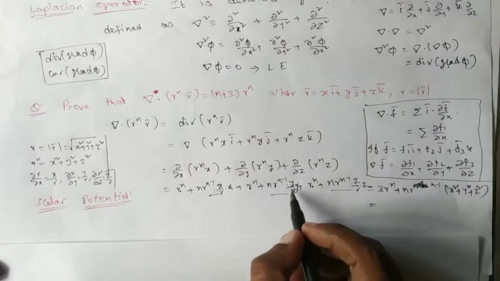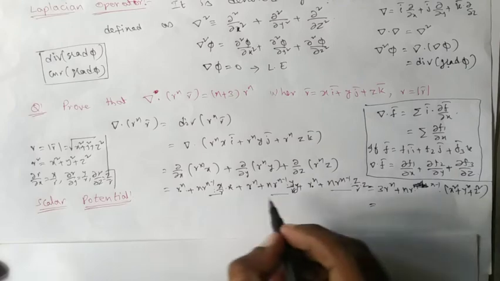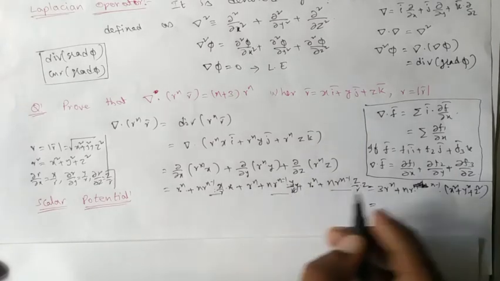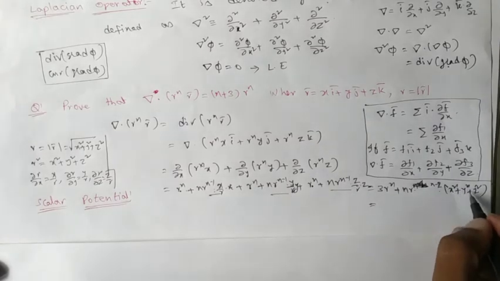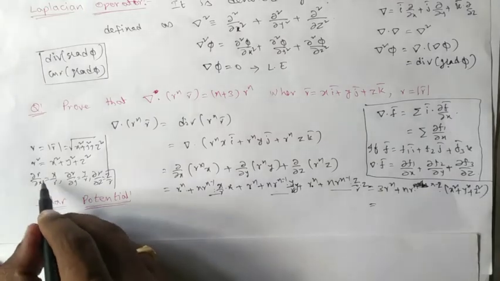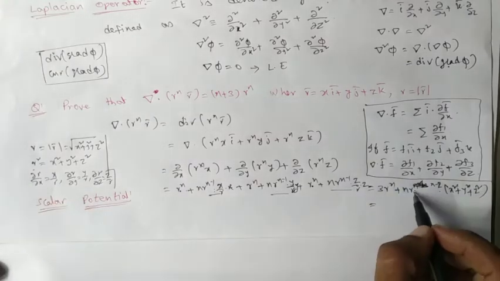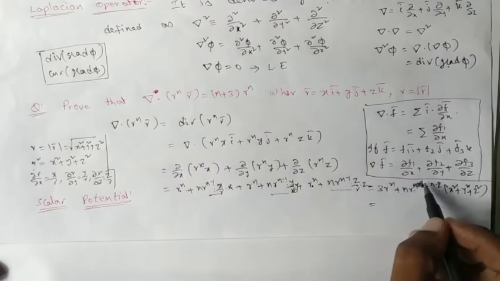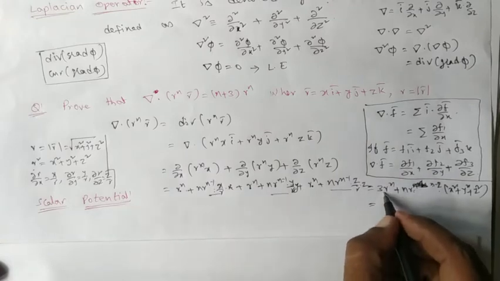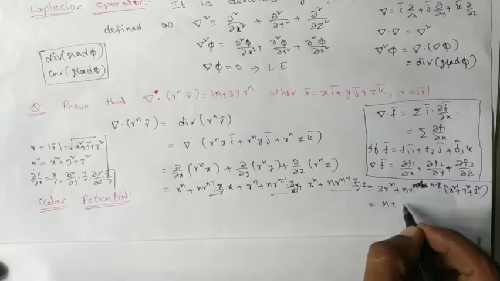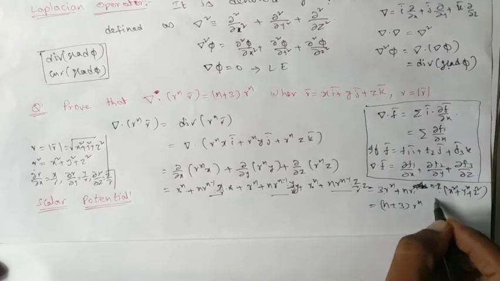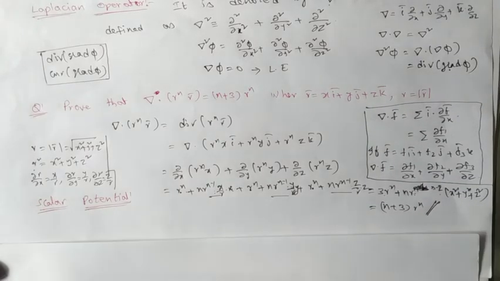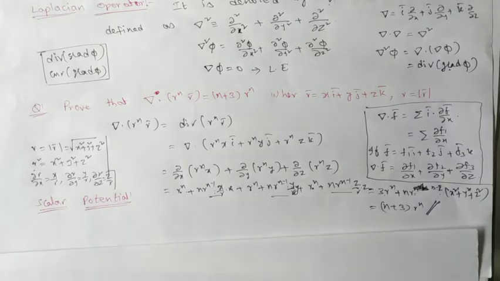Sorry, here it is correct: n into r power, this r will cancel, so n minus 2 becomes n minus 2. So this is the remaining part, x² plus y² plus z². What is x² plus y² plus z²? It is r². So that r² into rⁿ⁻² becomes rⁿ. So I may write it is (n plus 3) rⁿ. This is the way to show that the divergence of rⁿ r̄ is (n plus 3) rⁿ.